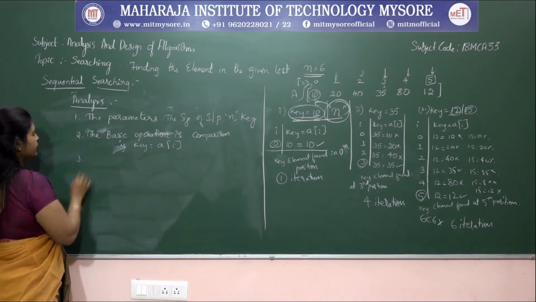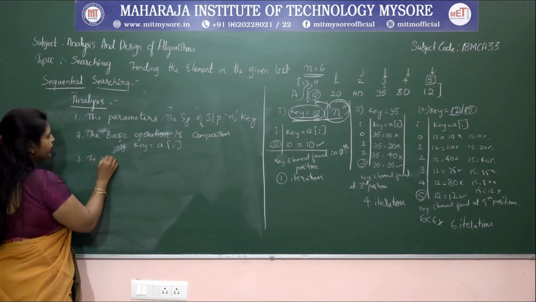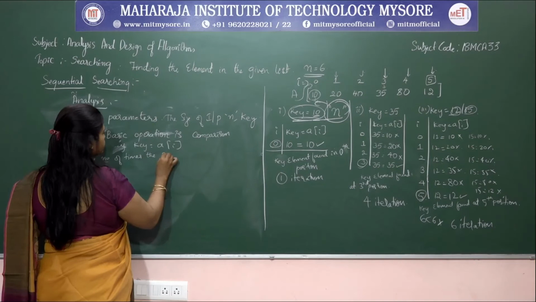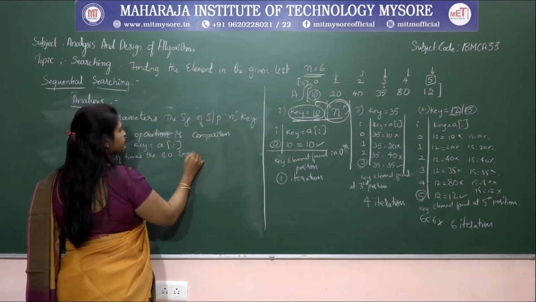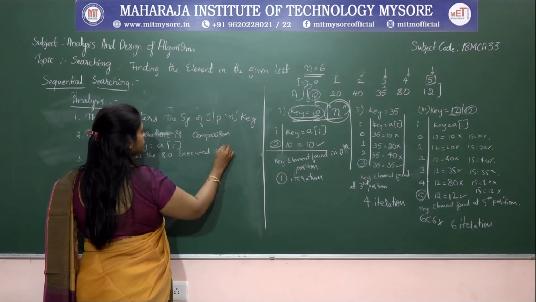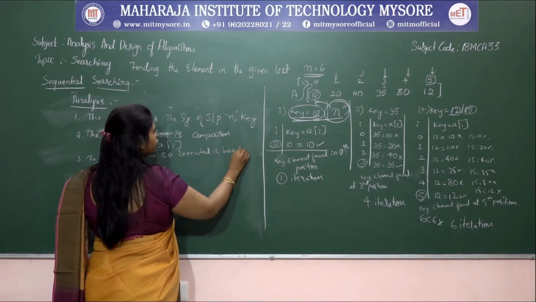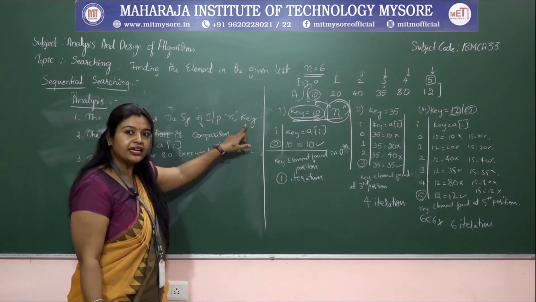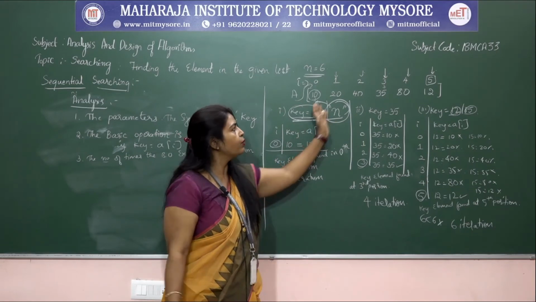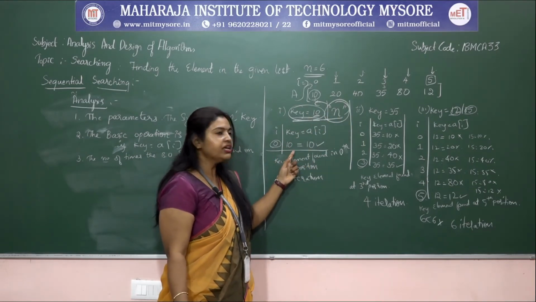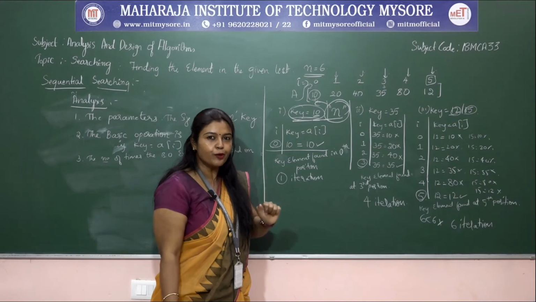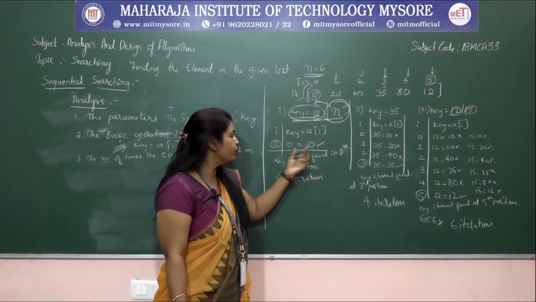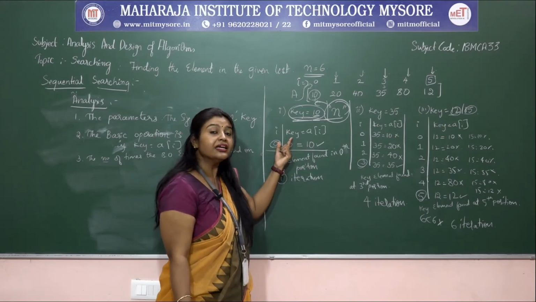So now the third step: the number of times the basic operation is executed is based on input size n and also on the key element. See, even though you have n elements, how many times are you performing? Only one time, right? So how are you controlling that? That is controlled by the key element.